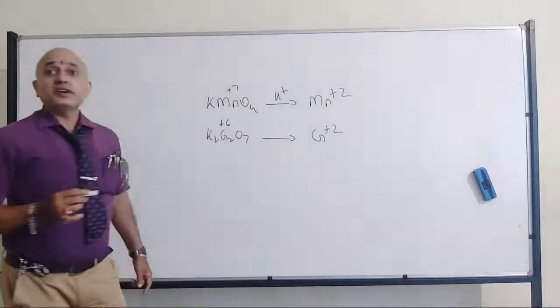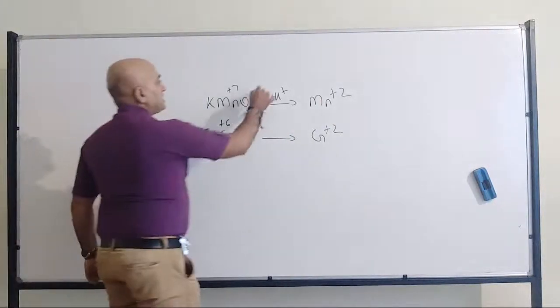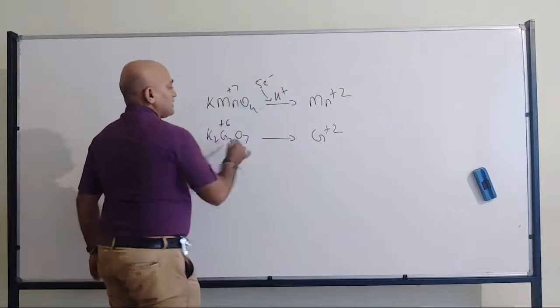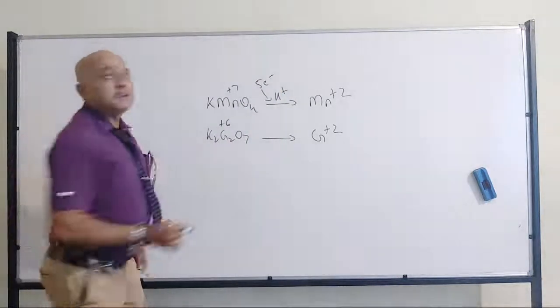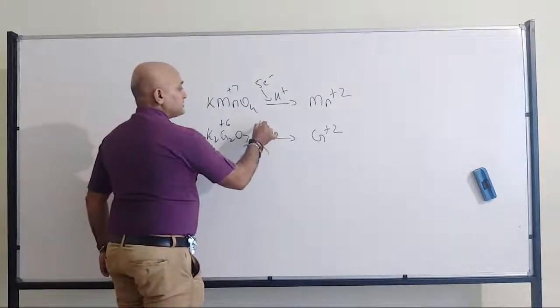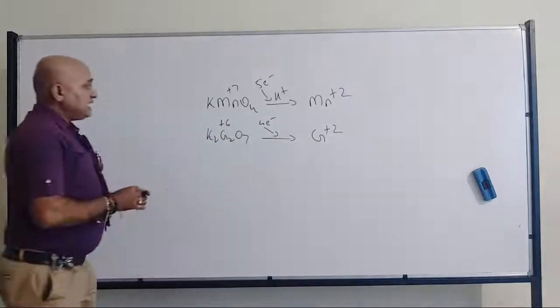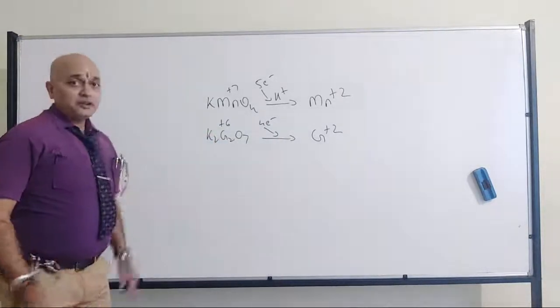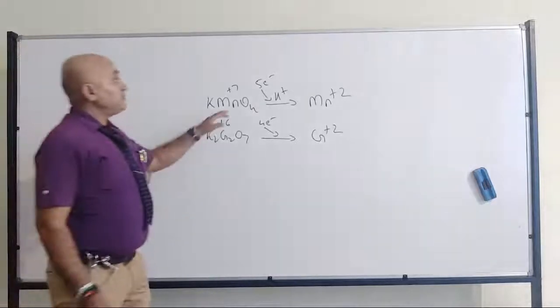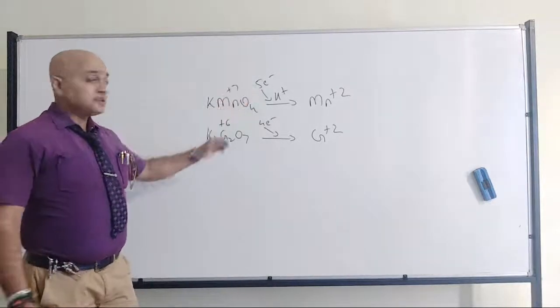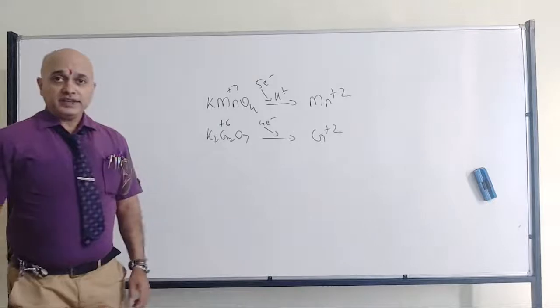How many electrons should it take? It should take 5 electrons. And here, how many electrons? It should take 4 electrons. That means if I take an individual molecule, under acidic condition permanganate can accept more electrons compared to dichromate.